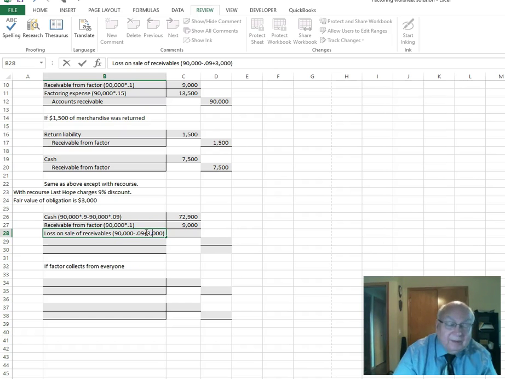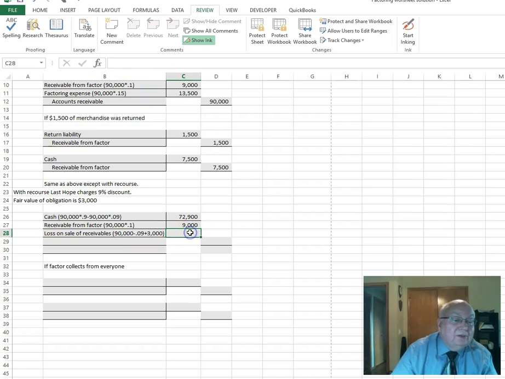We may get that back, may not. Okay, so over here we would have equal $90,000 times 0.09 plus 3,000, or $11,100. That's our loss at this point.